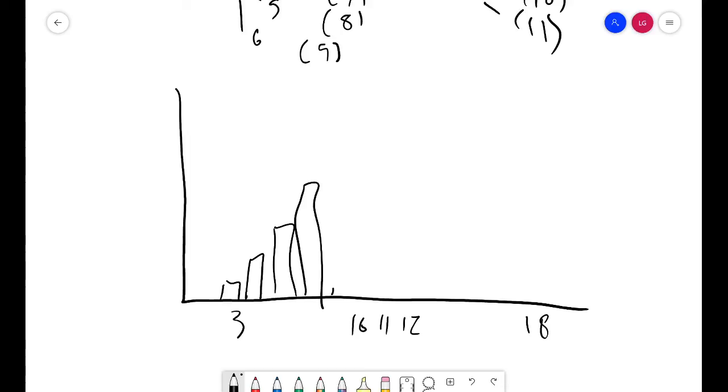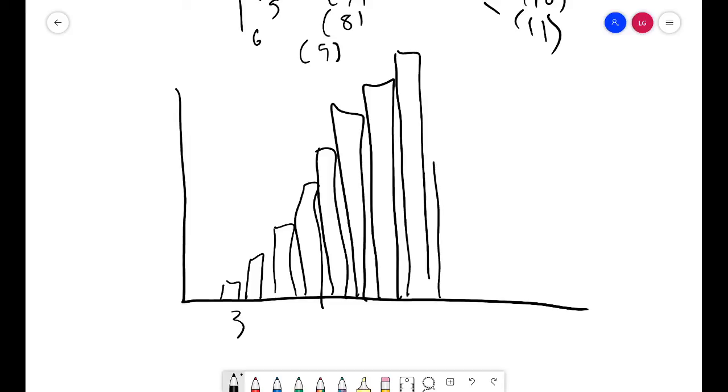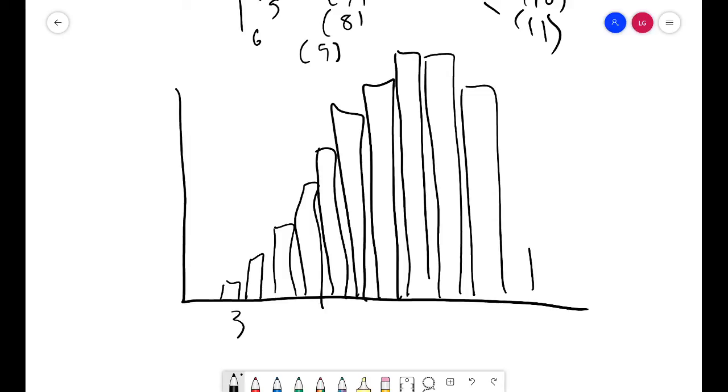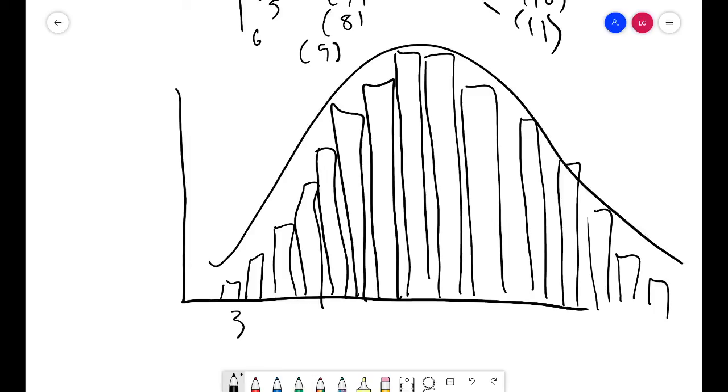So here's a generic look at sort of what we're talking about here. This is obviously a sketch on purpose, and it may not even be accurate, but we get this same shaping that we got for the sum of 2 six-sided dice, right?